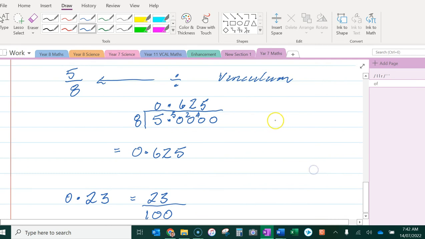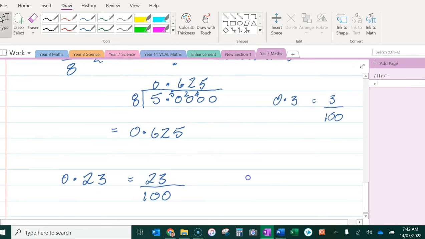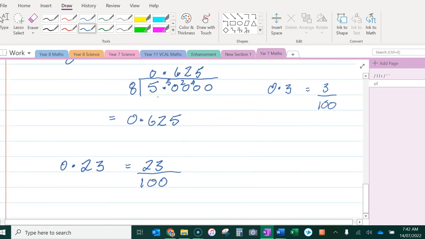And 0.03 is equal to 3 out of 100. If I convert that to a decimal, I'll use the same method: 3 divided by 100, put 100 here.